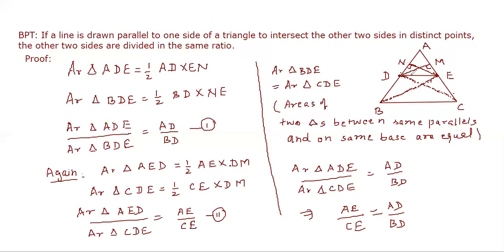Here D and E are distinct points where this line is intersecting. So we have to prove that the two sides are divided in the same ratio. That is AD is to DB equal to AE is to EC. Here we have got AE upon CE equal to AD upon BD, and that is the required answer.